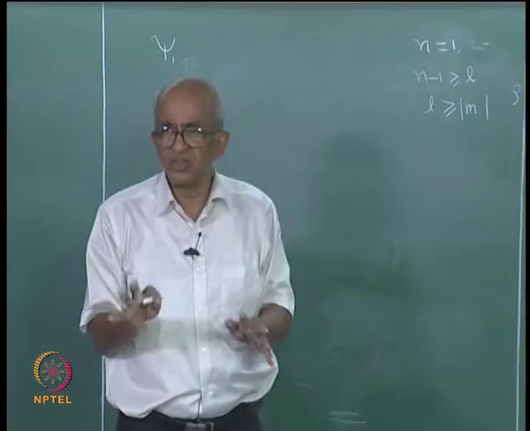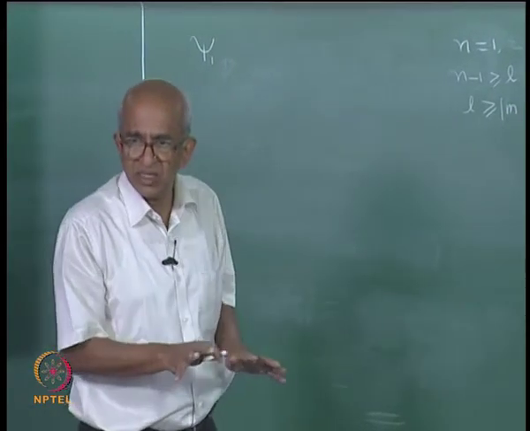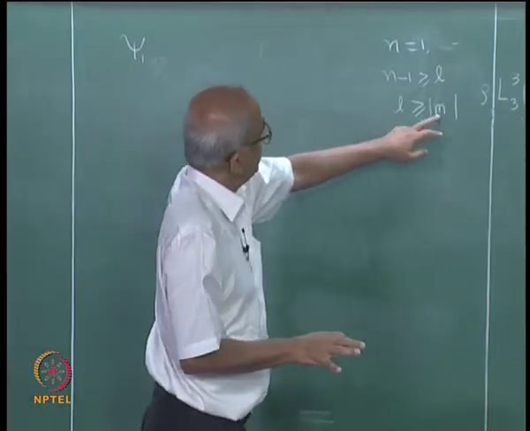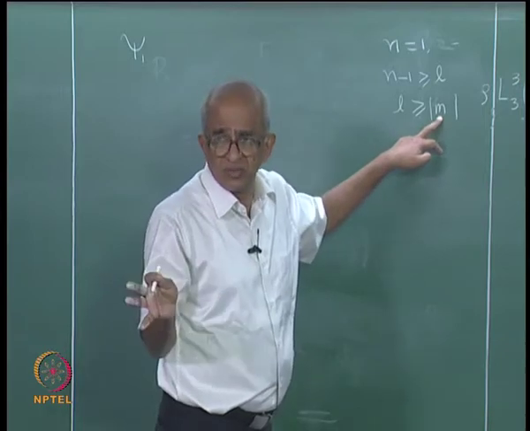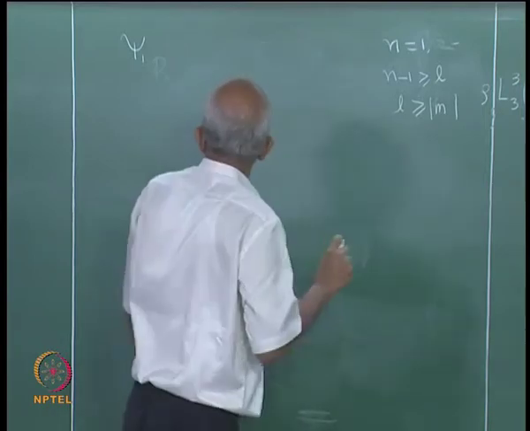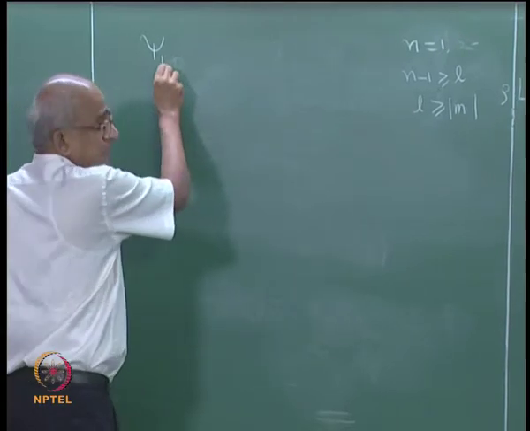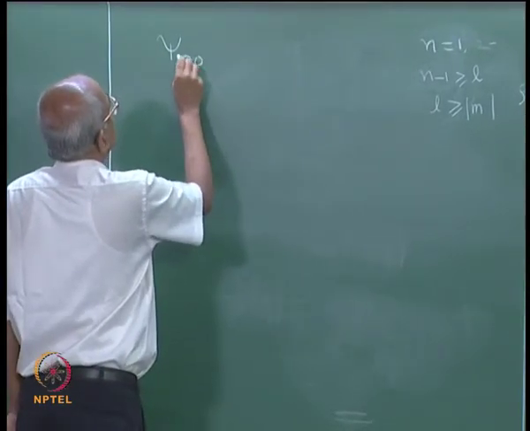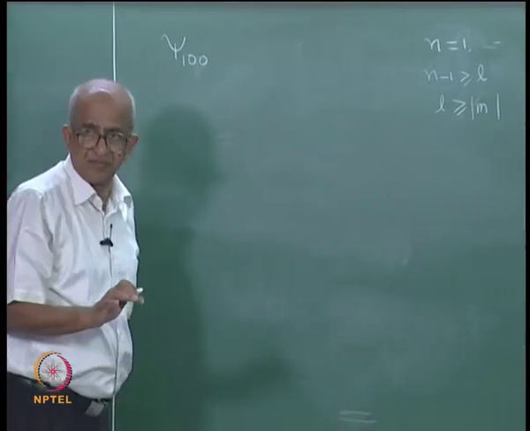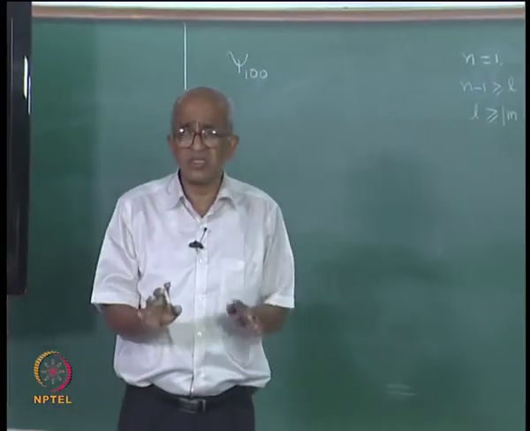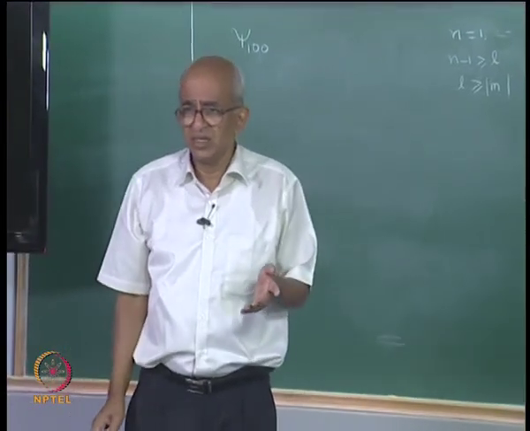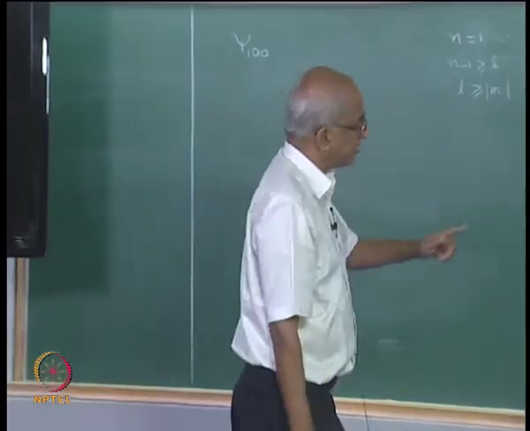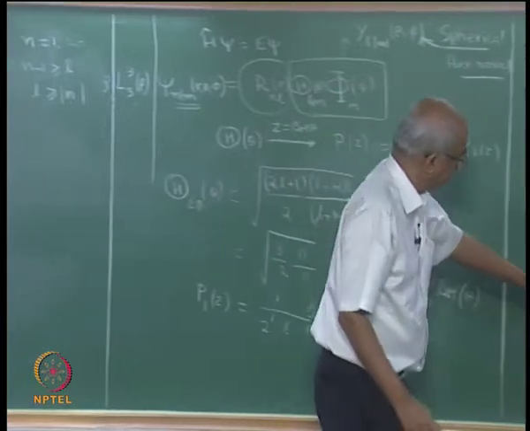That is what you find, and if L is 0, m can have only the value 0. So, the moment you say n is 1, L has to be 0 and m has to be 0, there is no other way, and this is the only solution with n equal to 1, and that solution has energy which will be obtained by putting n equal to 1 here.